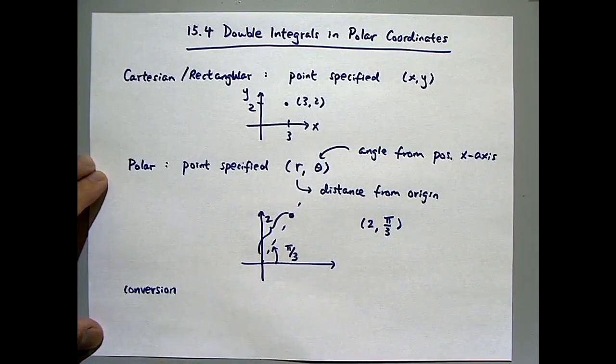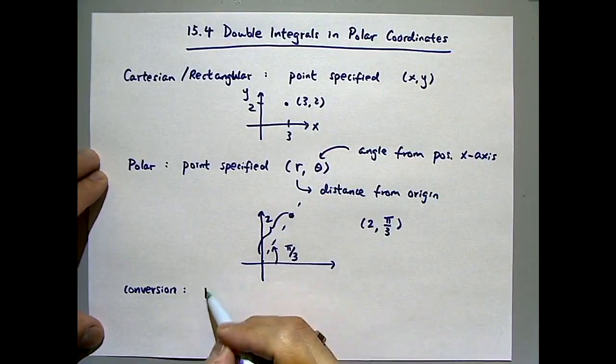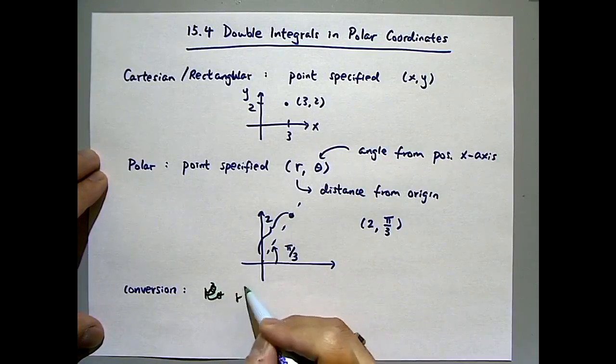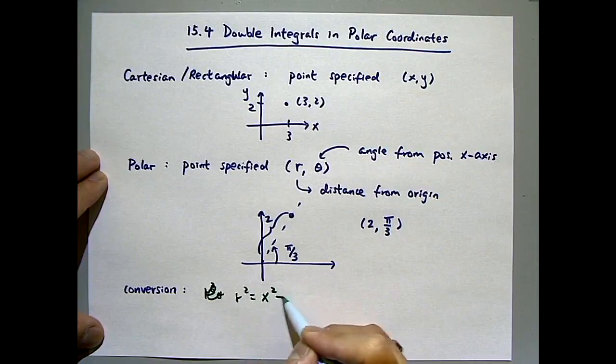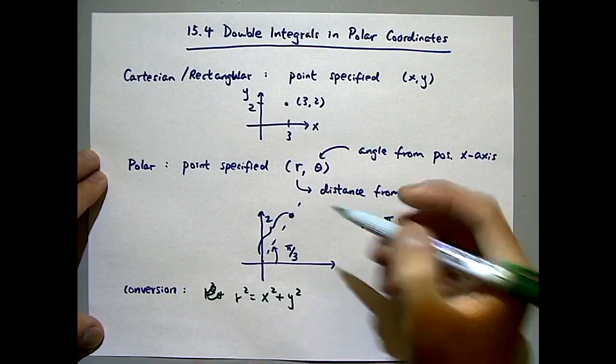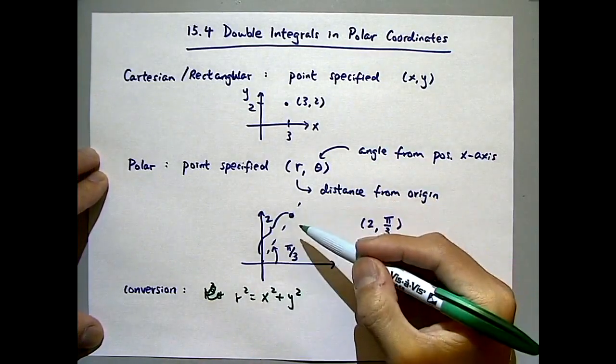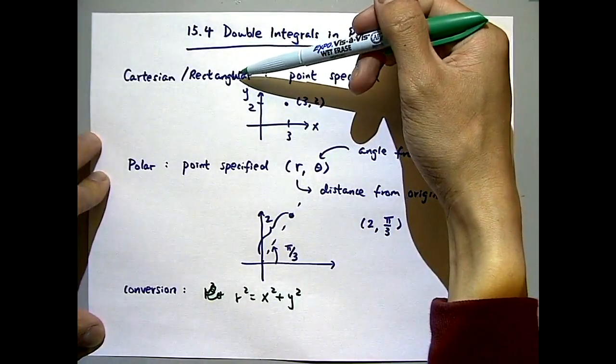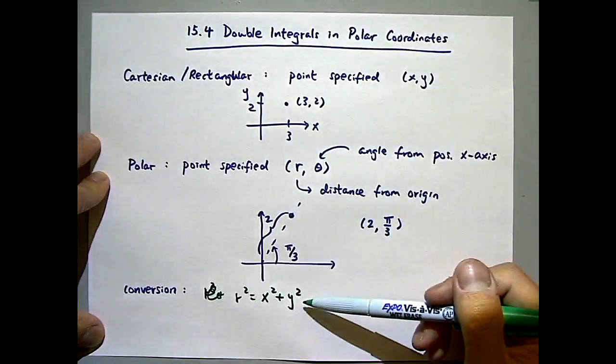The conversion. This is very important for what we're about to do. We know the usual Pythagorean identity: distance squared is x squared plus y squared. So given something in rectangular or Cartesian coordinates, we can use this to find r.